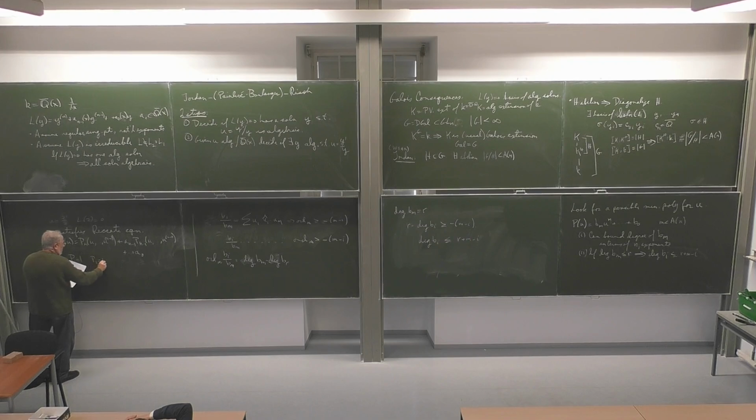P_i is gotten from p_{i-1} via that recursion. This is the Riccati equation.